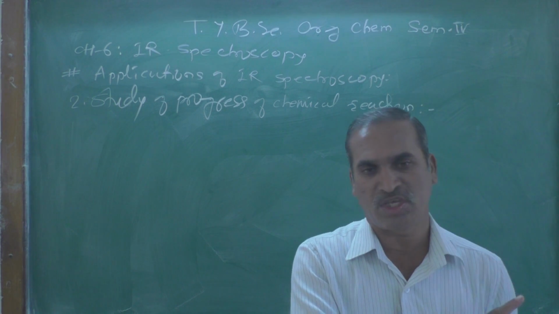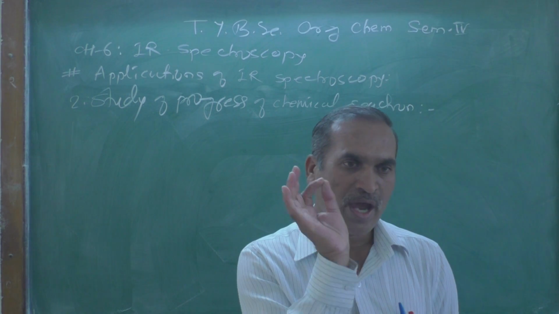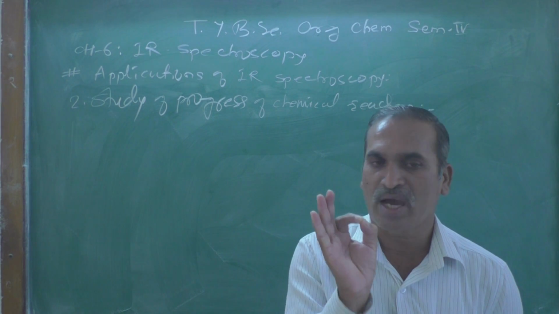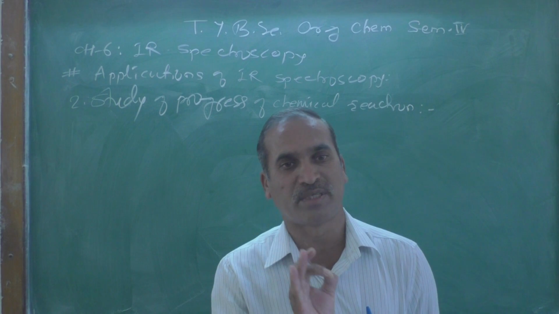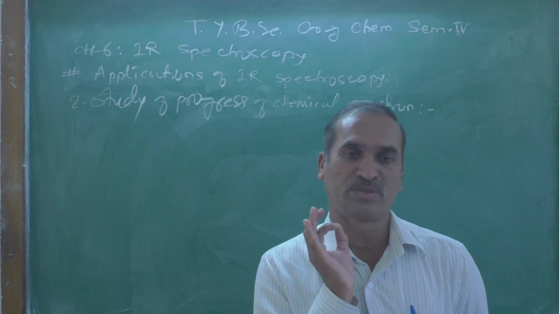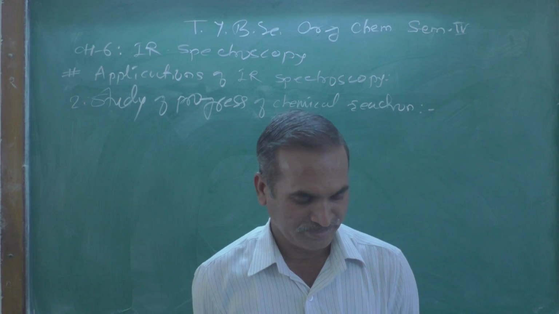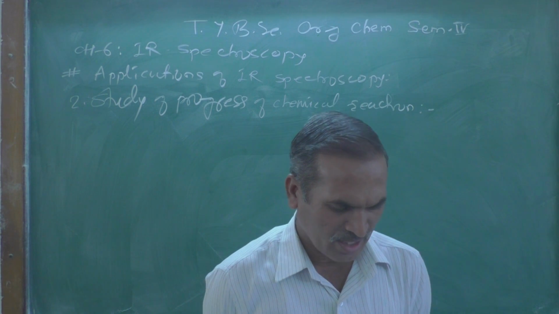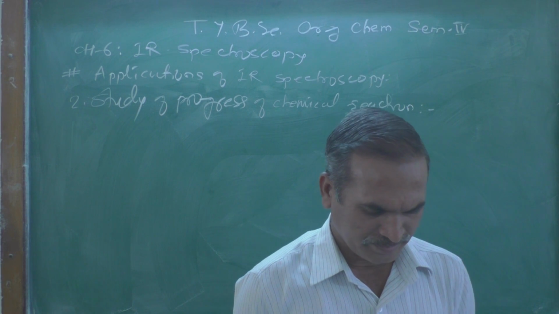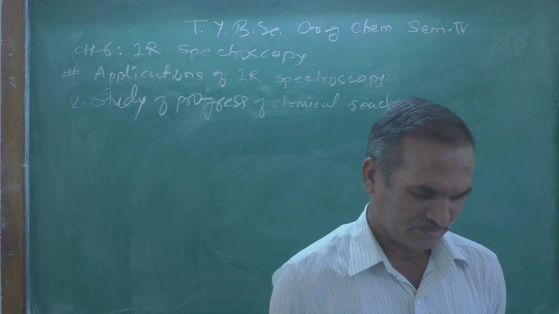There is no change, only changes are observed at a specific part of that organic compound, and that part or site is generally referred to as the functional group. And this helps us to follow the course of a chemical reaction.